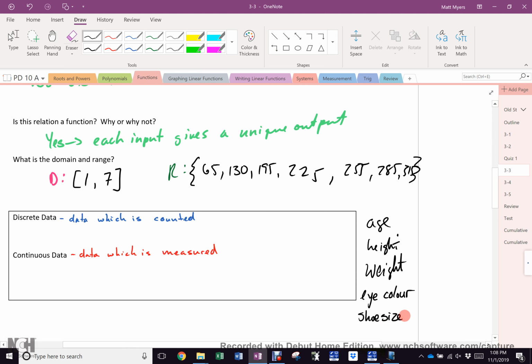All right. Now, let's have a look at that. Looking at the definitions I've given you, would you consider age to be discrete data or continuous data? Age is actually a really tricky one. I'm going to skip that. Would you consider height to be discrete or continuous data? Why?